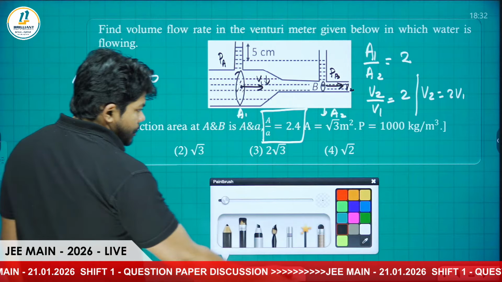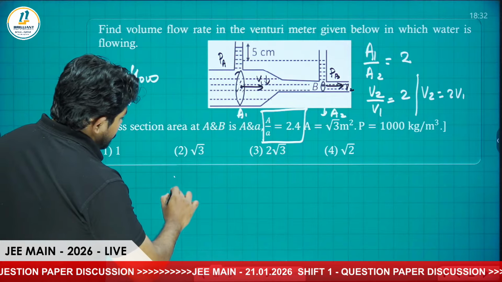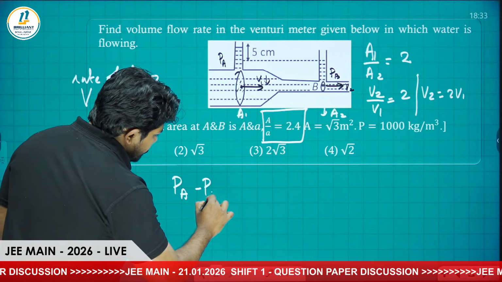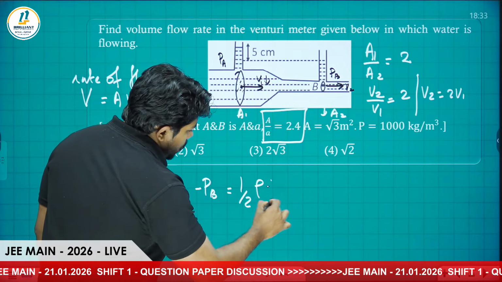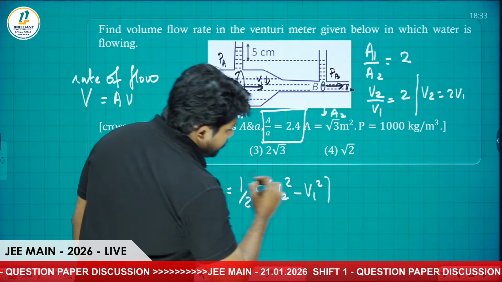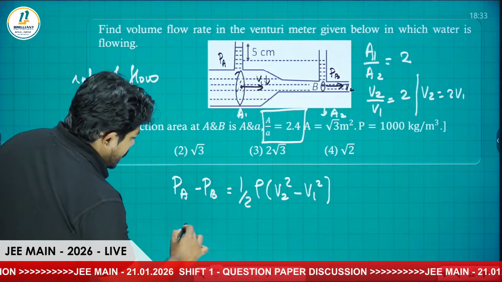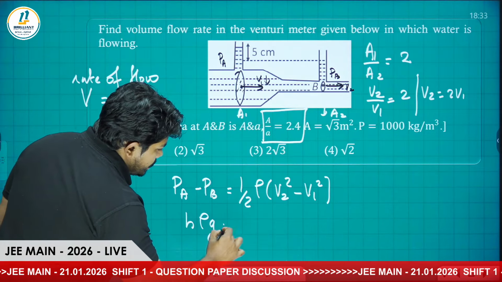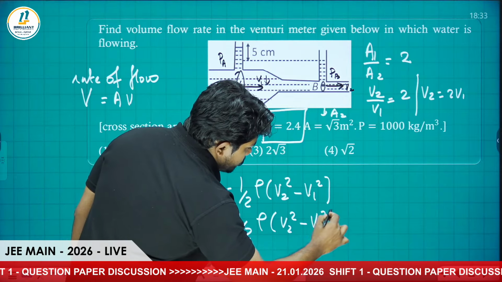So if I write the equation for the 2 points, we can write PA minus PB equal to half rho times V2 square minus V1 square, and this is nothing but H rho G. So H rho G is equal to half rho times V2 square minus V1 square.